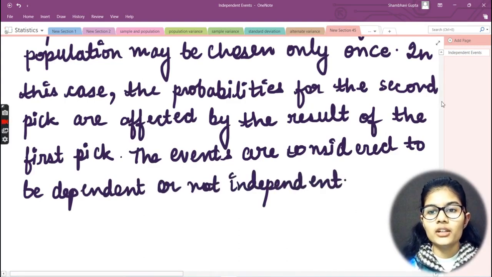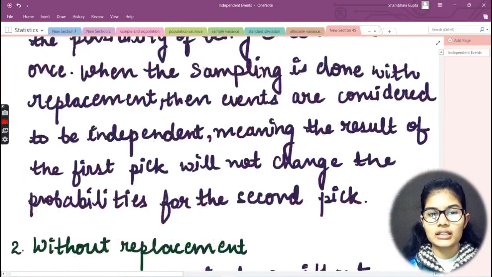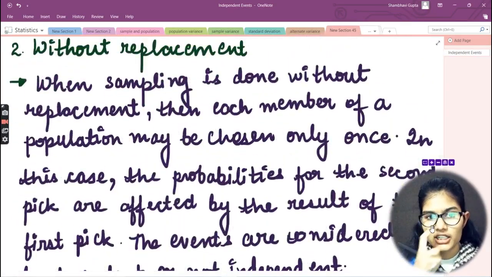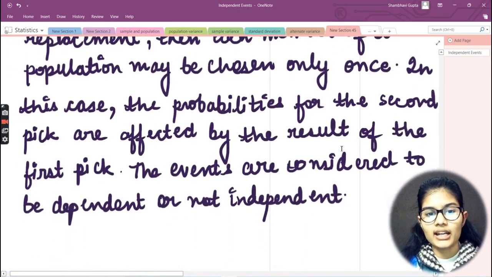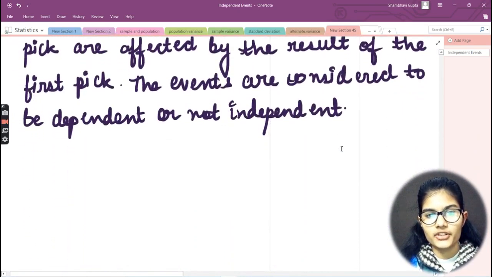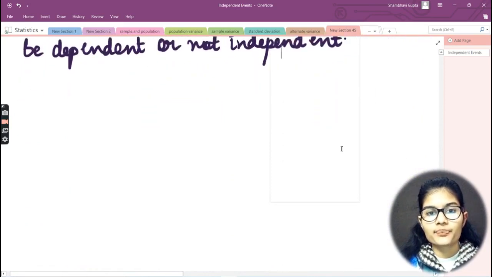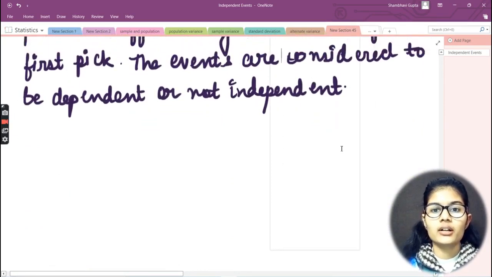So what happens in the without replacement case is that when sampling is done without replacement, each member of the population may be chosen only once. The probabilities for the second pick are affected by the result of the first pick. The events are considered to be dependent and not independent.